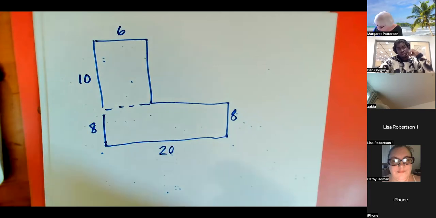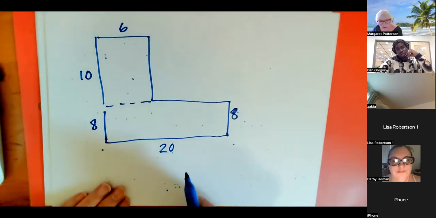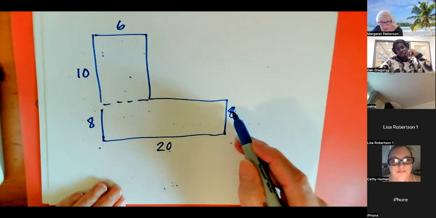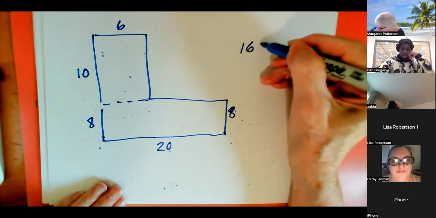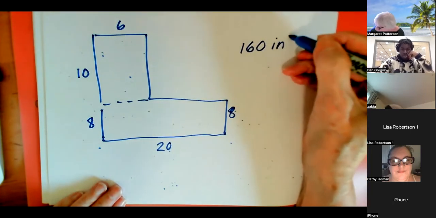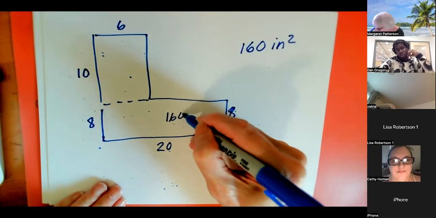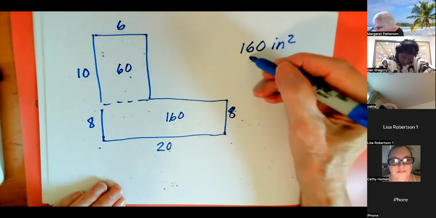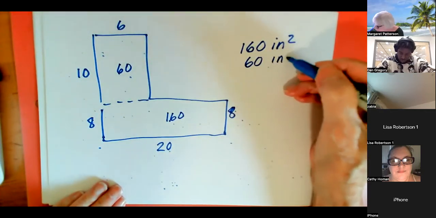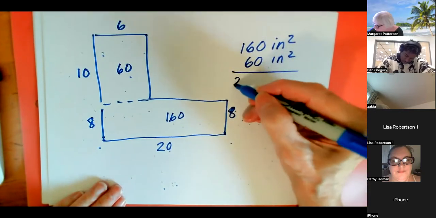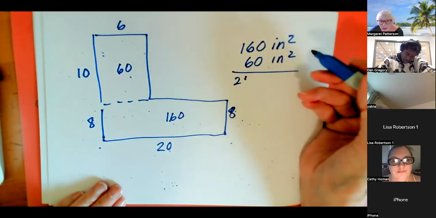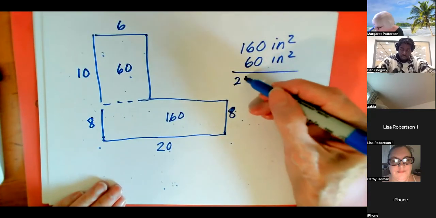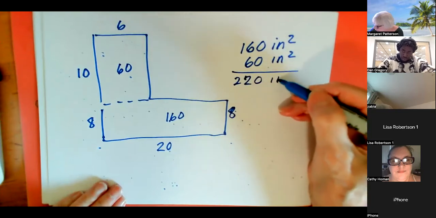Okay, so we've got part of it right. 20 times 8 is 160 square inches. That's that one. But then this is 10 times 6, which is 60 square inches. Oh, here's our new answer: 220 square inches.